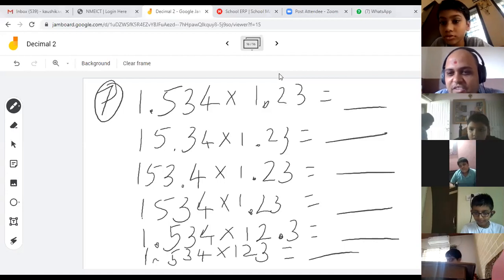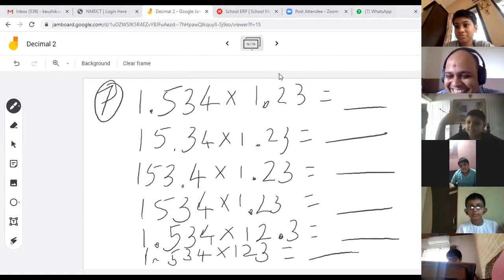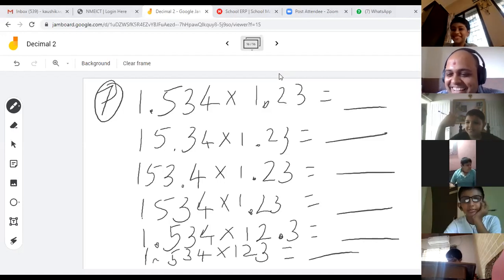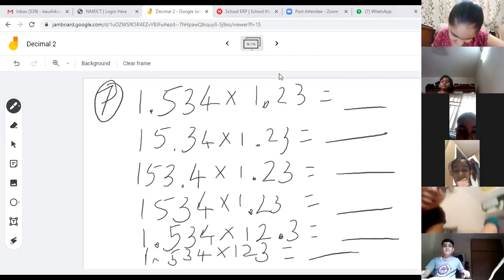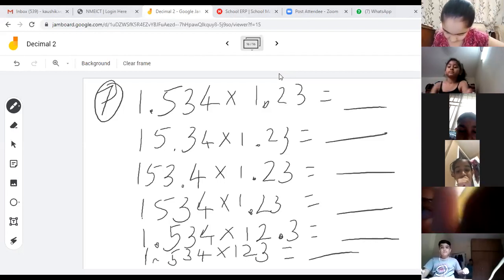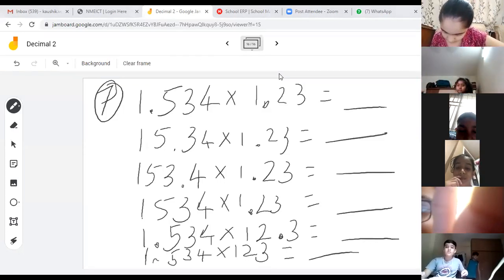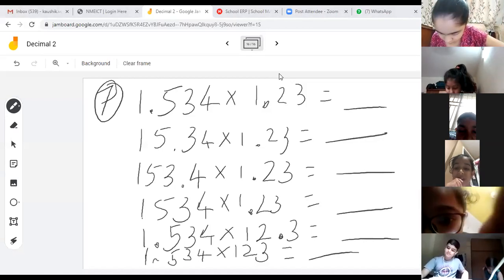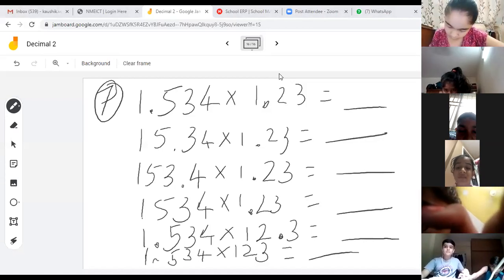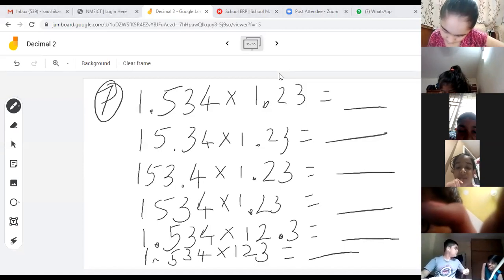Okay, yes Rishi, everyone say thank you Rishi. Okay, you asked for more practice, so here you have got lots of practice. Okay, come on everyone. Now this one, it's a very interesting and very funny exercise. Once you solve all these examples, you will realize what is happening here.